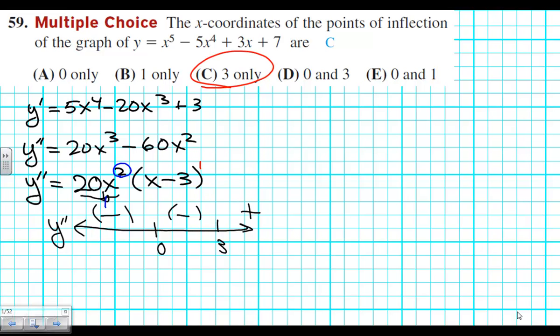There are sign changes where there are odd exponents. And this only has to do with polynomials, but by inspection you can just say, oh, even, double root, no sign change. Odd, single root, there is a sign change. And that can save you a little bit of time so you don't have to do the number line thing.